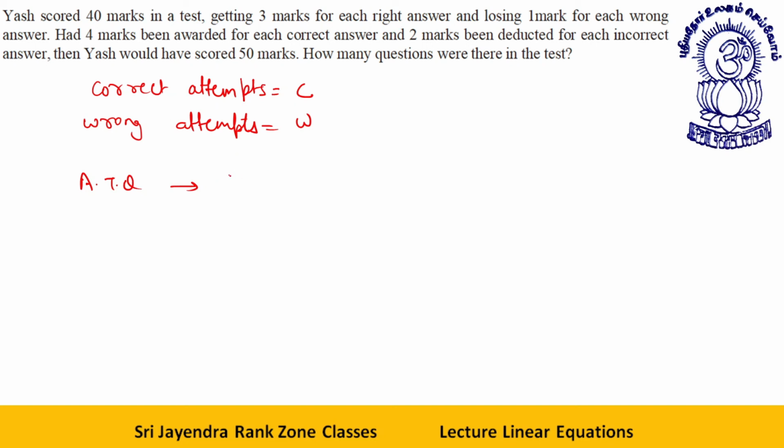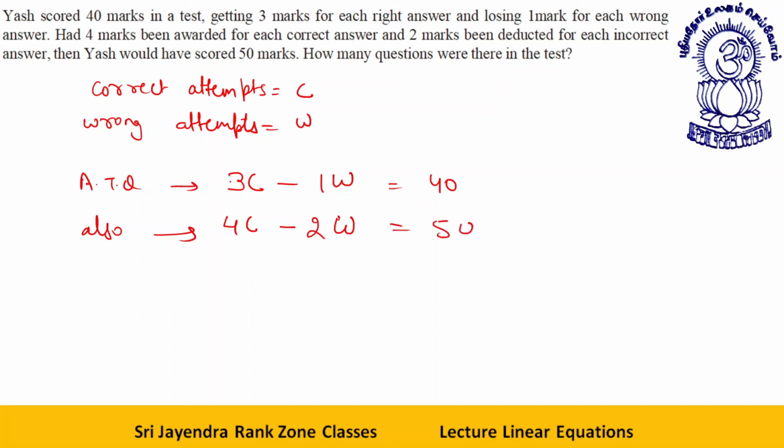That is 3 for correct, that will be minus 1 for each wrong answer. He got how many marks? He got 40 marks. And according to the second condition, had 4 marks been awarded for each correct answer, that is 4 correct, and 2 marks deducted for each wrong answer, minus 2 into wrong, he would have got 50 marks.